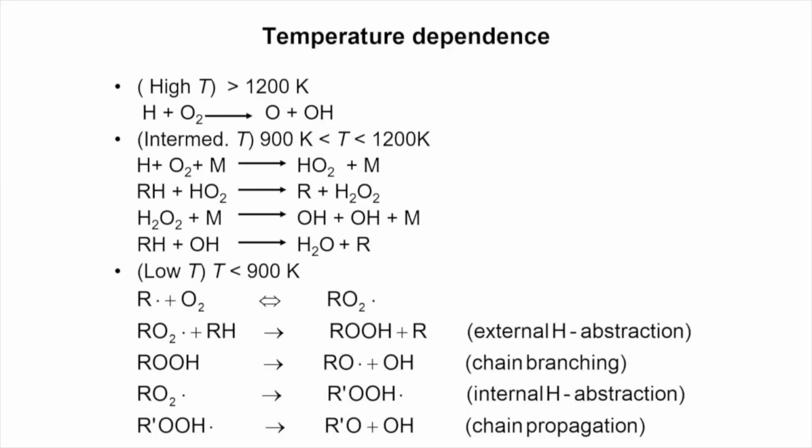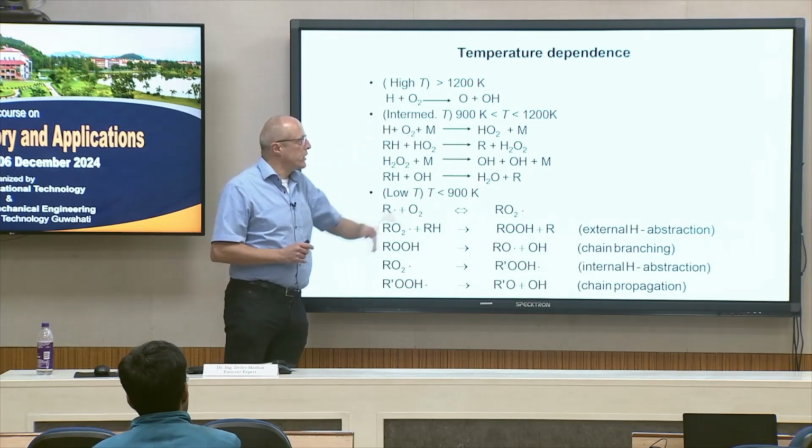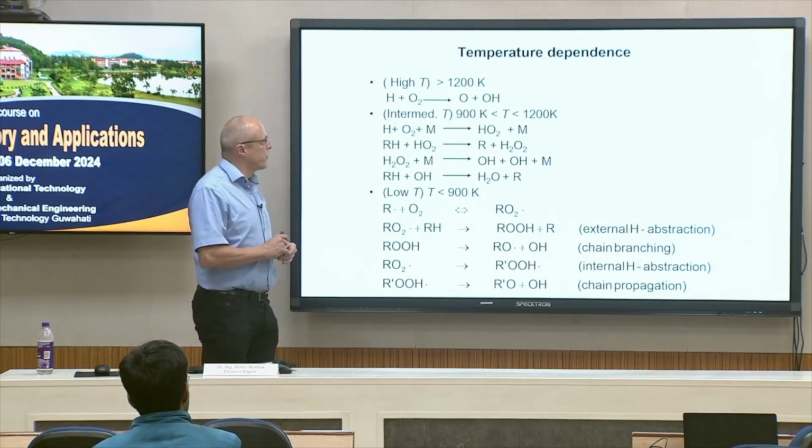And then again, we have to consider the temperature dependency. At high temperatures, also for the larger hydrocarbons, this is the important reaction. This we have to know in detail, and this dominates more or less our chemistry. H plus O2 chain branching gives O plus OH.